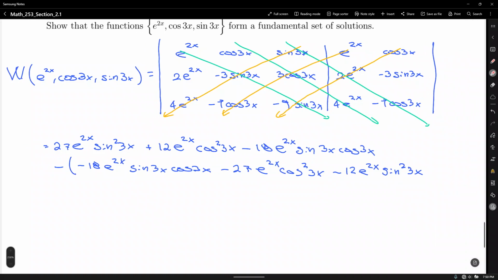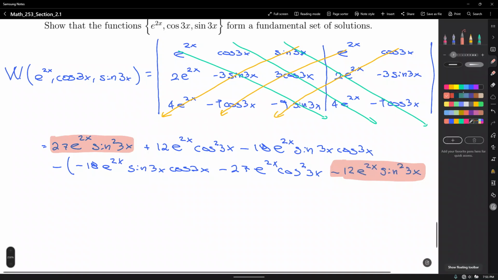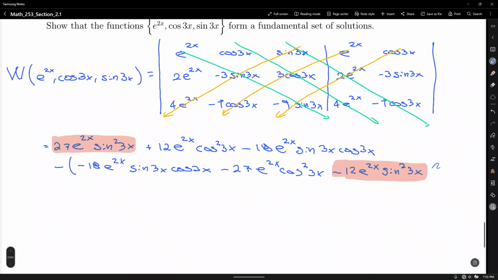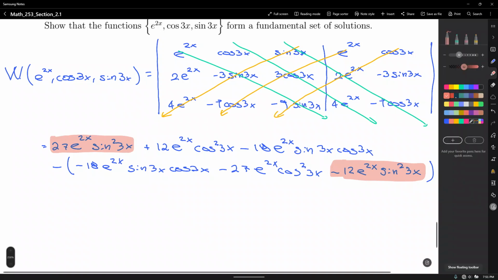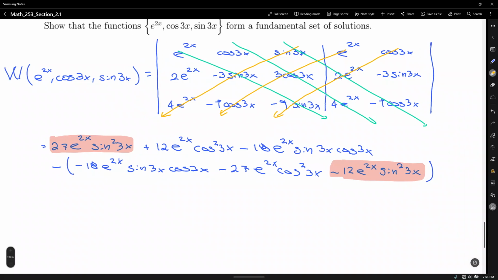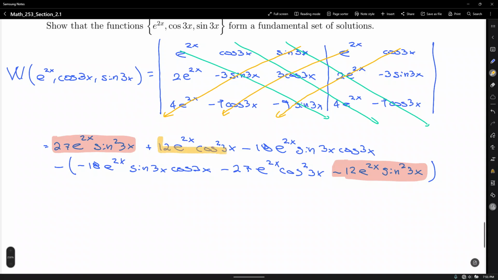Okay, so all the terms containing sine squared, I'm going to highlight them with this color. Oh, I forgot to close the parentheses. Okay, yes, this one. I'm going to use yellow for the ones containing cosine squared.